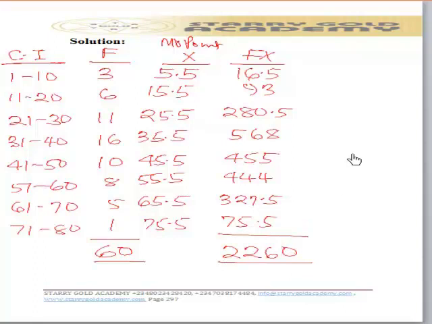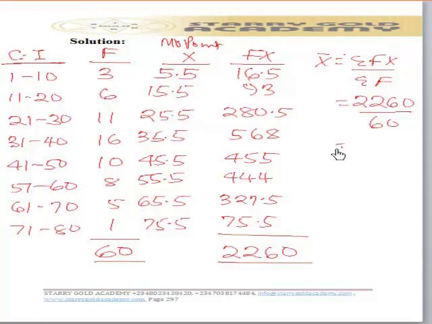So from there, we can get our arithmetic mean, which is summation fx over summation f. And this will give us 2260 over 60. So we have 2260 divided by 60, and this is 37.6.